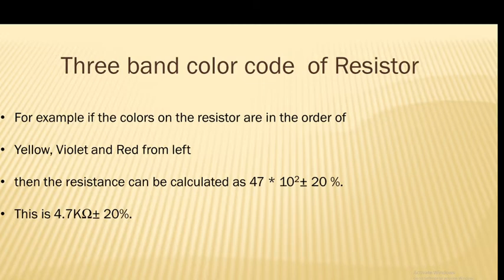It means that the value of the resistor can be increased by plus 20% or decreased by minus 20%. The value of the resistor can be written as 47 into 10 to the power 2 plus minus 20% ohm. If we convert this resistance value into standard unit, it becomes 4.7 kilo ohm plus minus 20%.